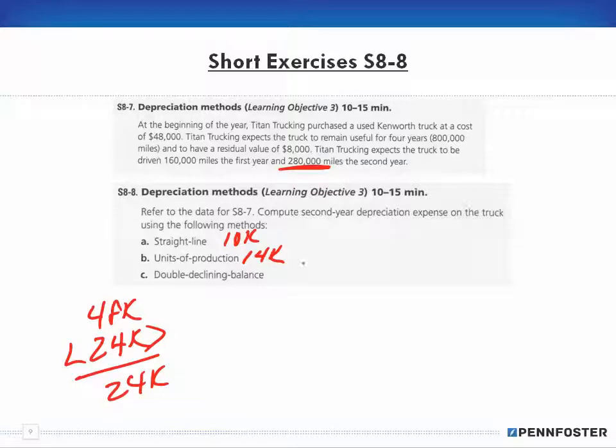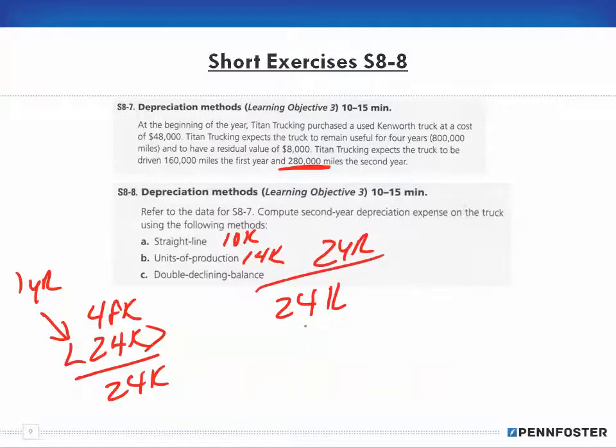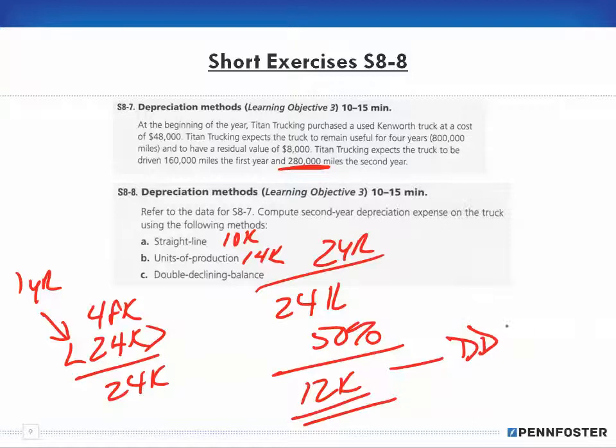Remember, this was year one depreciation, and this here is going to be my second year depreciation. If I have 24,000 and I multiply that by 50%, that means I have $12,000 for the depreciation for double declining balance for year number 2.